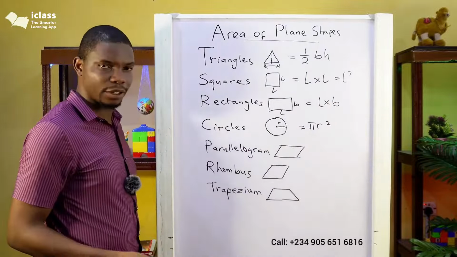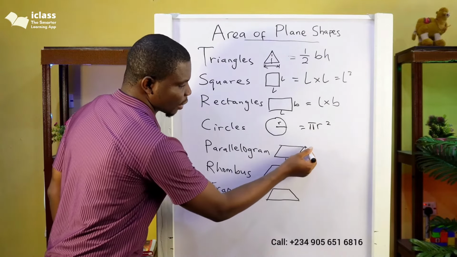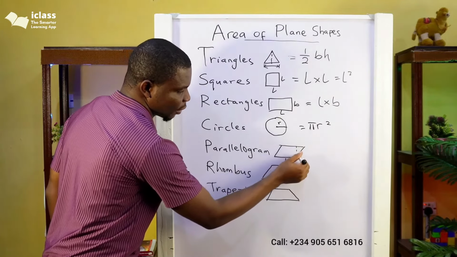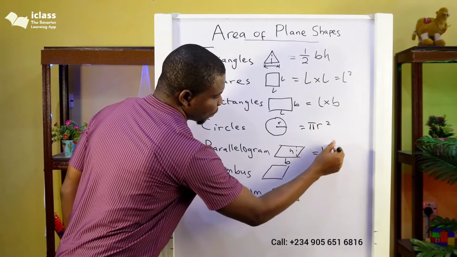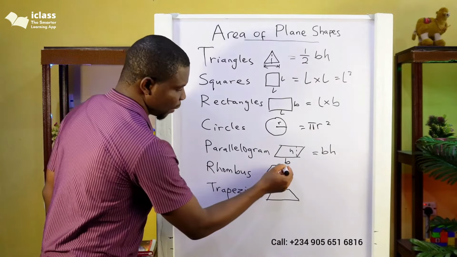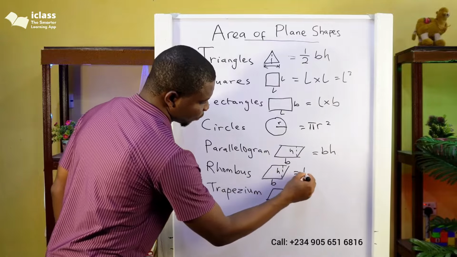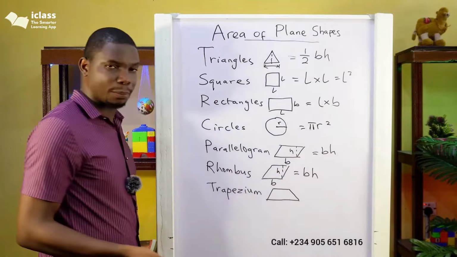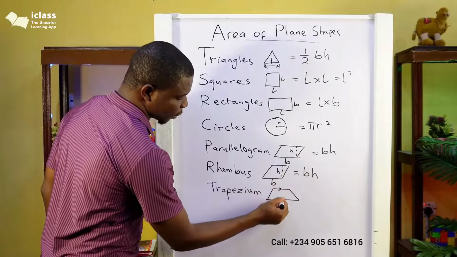And then for a parallelogram, we have base times height. Not this slant height, but the vertical height. So this is going to be B times H. Same thing with a rhombus. Base times the vertical height. And then for a trapezium, we have this pair of parallel sides.